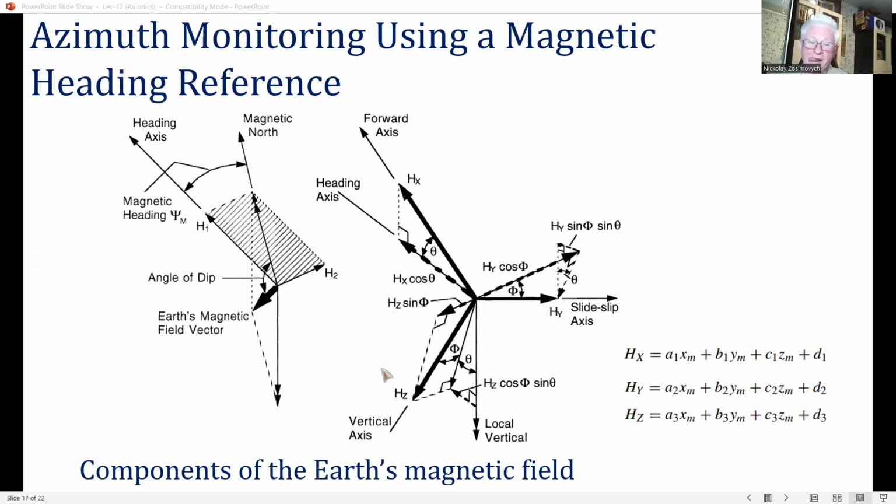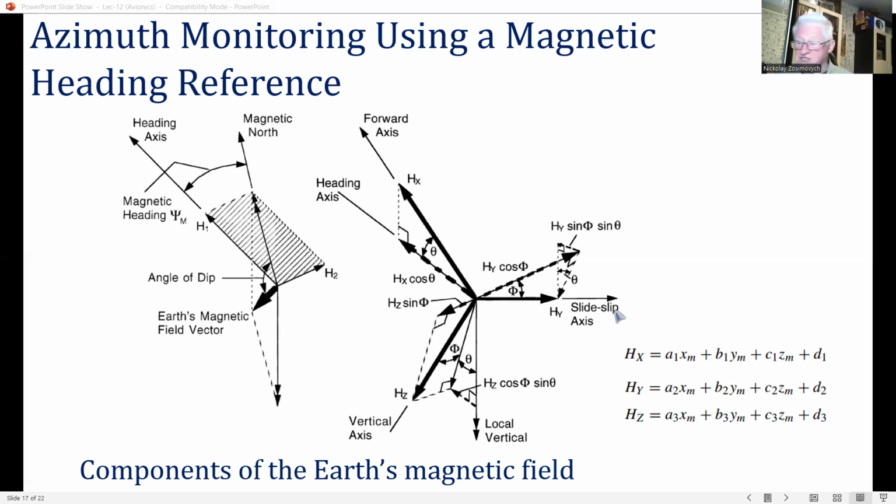These true components, H sub X, H sub Y, and H sub Z, of the Earth's magnetic field along each axis can be expressed in terms of a set of equations which relate the total measurements Xm, Ym, and Zm. So we have three expressions here on this right corner, right? This is to account for the misalignment, the hard iron and certainly the soft iron effects, which are characteristic of the fluxgates and their environment in the aircraft.